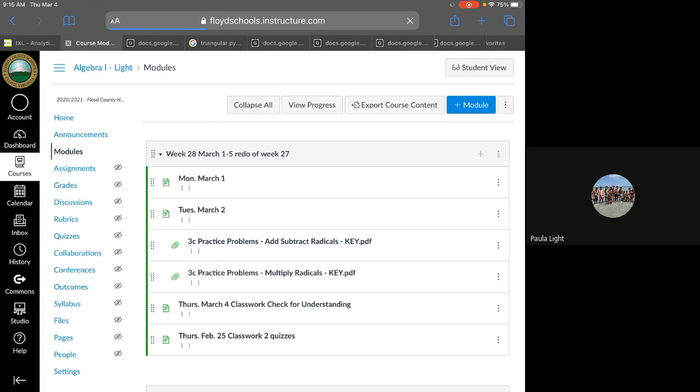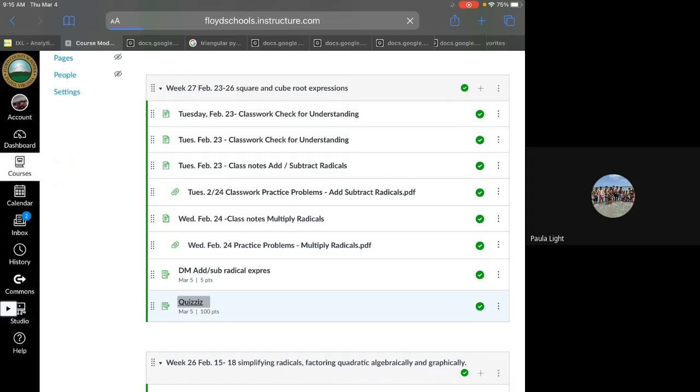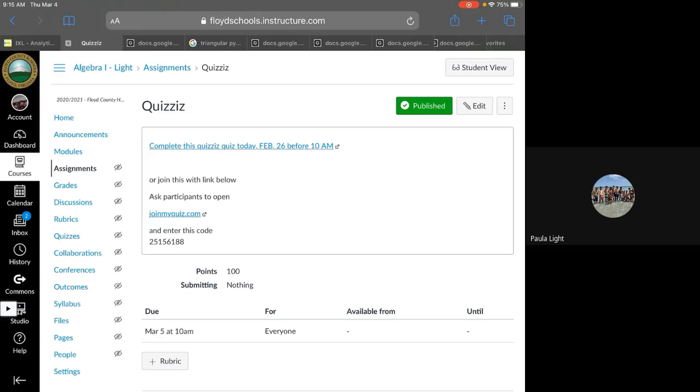So last week, the one that expired at the bottom, this one, that you had to do the code, several people did it. I have the data from that. This one expired, but it was multiplying radicals. So that one is this add and subtract, multiply.